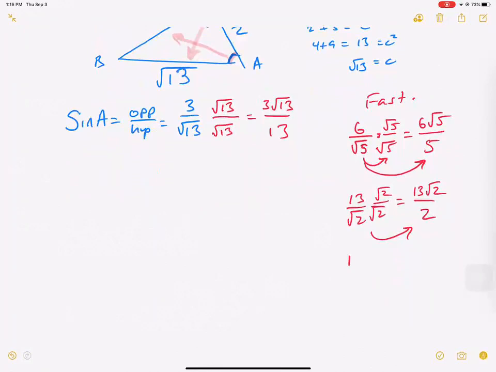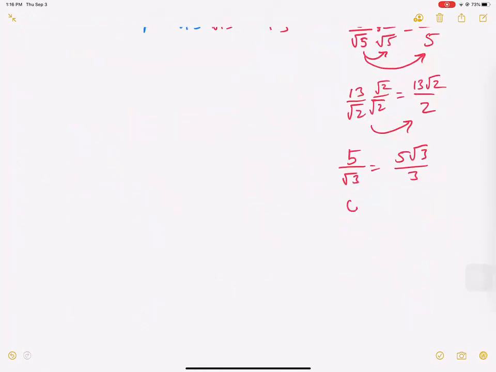Let's do one more. If I say 5 over square root of 3, this is simply 5 square root of 3 over 3. Mr. Cole, can you do one where there's a number in front of the square root? A number in front of the square root, not a problem. If I say 6 over 2 square root of 3, let's do this one. You could multiply by 2 square root of 3.